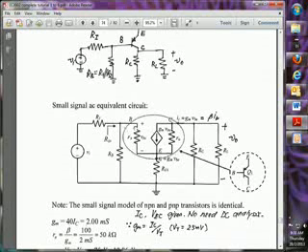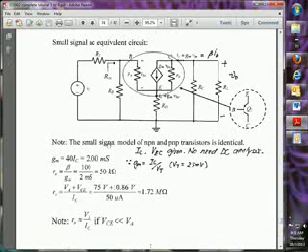If I know the resistance looking into this point, and I name the resistance to be RK, so RK parallel with RB will give me Rin. And how do we find Rin? We will first find RK, then RK parallel with RB to find Rin.